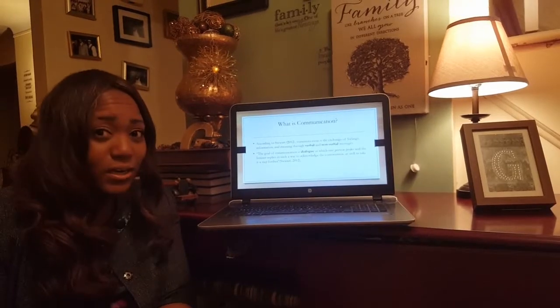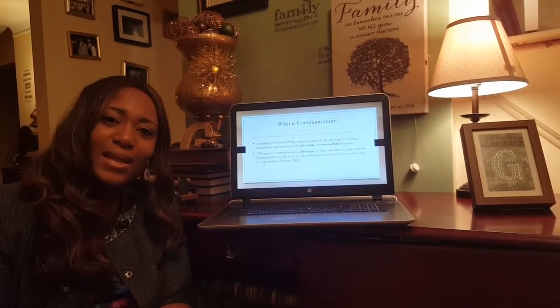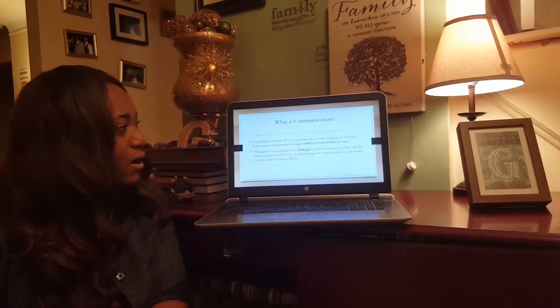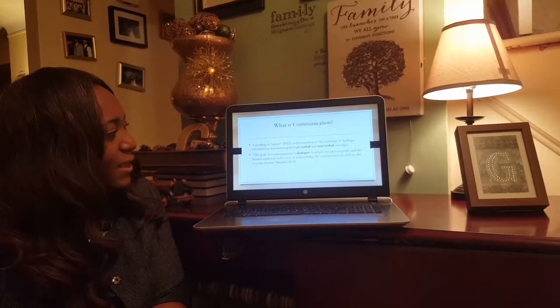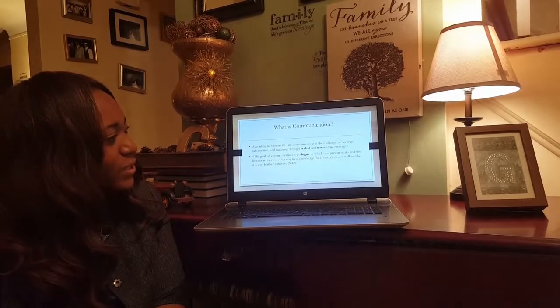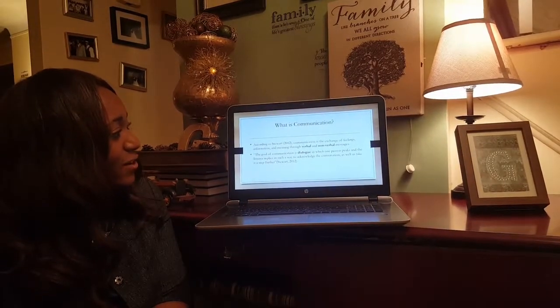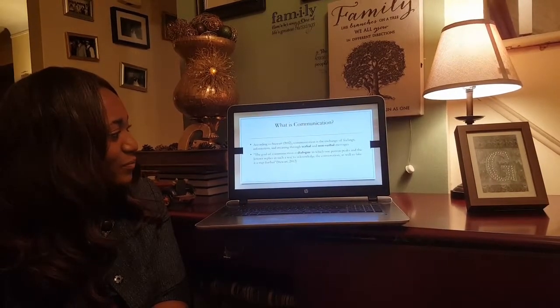When you're communicating, what is the goal of the dialogue? According to Stewart, the goal of communication is dialogue in which one person speaks and the other listens.